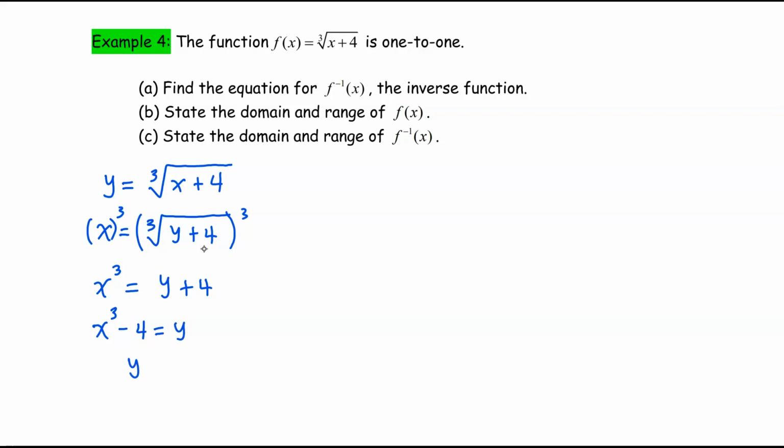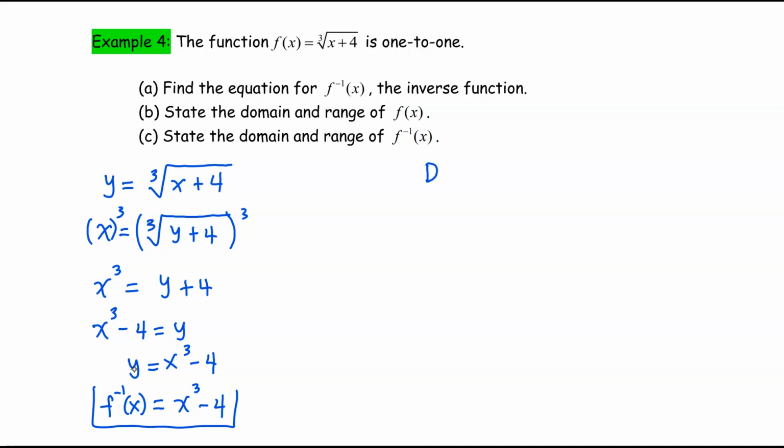Or you could write that as y equal to x cubed minus 4. Then you replace your y here by f inverse of x. So f inverse of x is x cubed minus 4. That's the equation for the inverse.